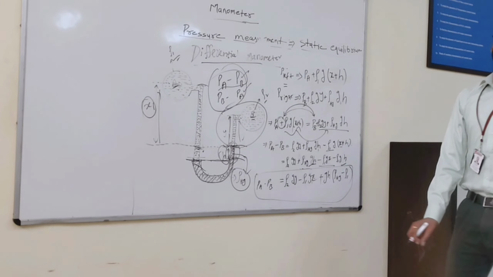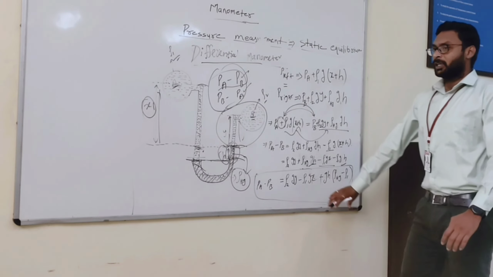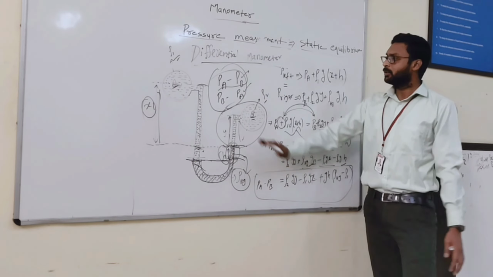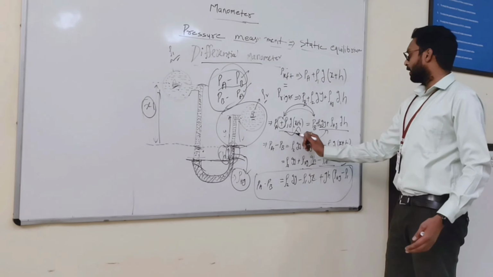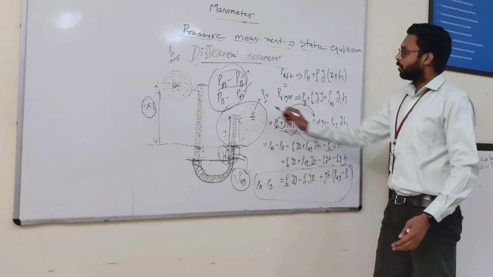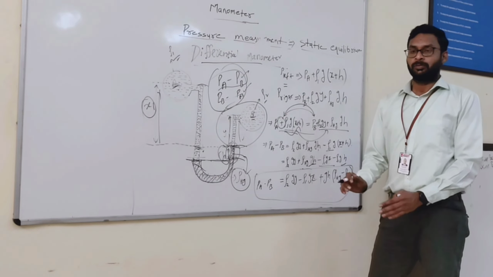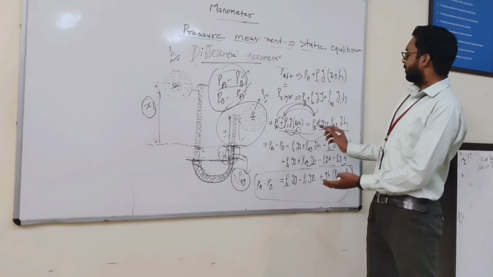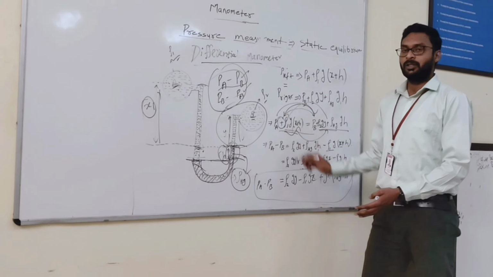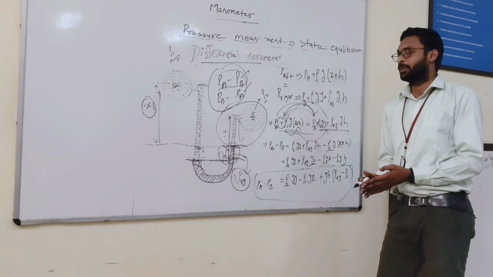So like this, you can find out the pressure in the differential manometer. From here you can find out PB minus PA also, which means you can take this PA term into the right side and this whole term into the left side. Then you can find out PB minus PA.